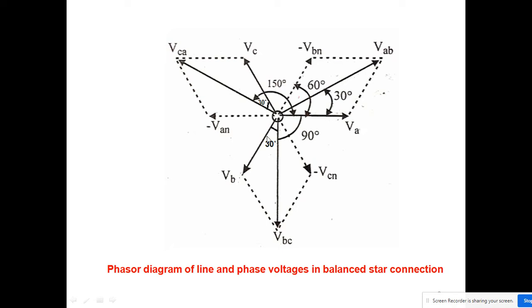Here you can see your line voltage is coming here, so it is 120, and here is this one, so 30 degrees ahead here. And you can see from this it is here 120, but the difference is 150, so it is also 30 degree ahead. So that is the whole thing about the line and phase voltage in star balanced connection.